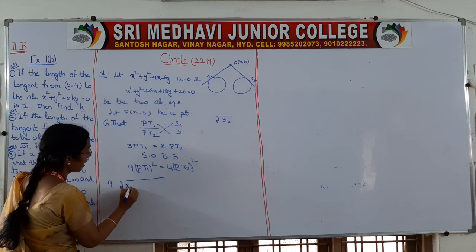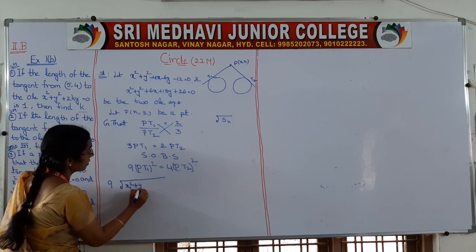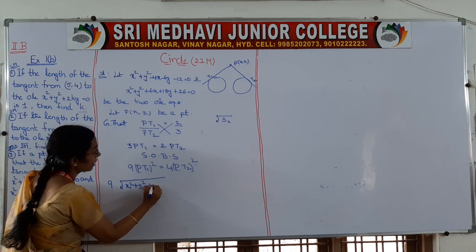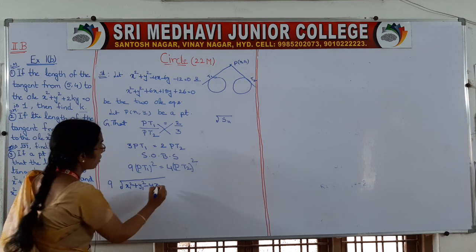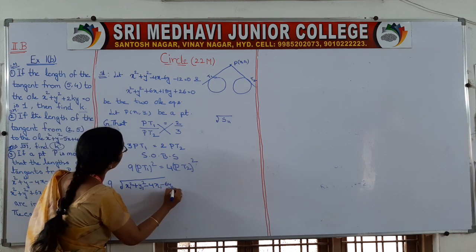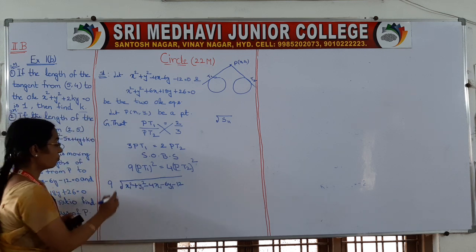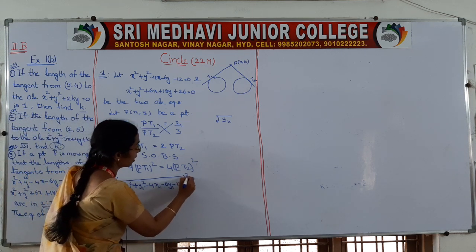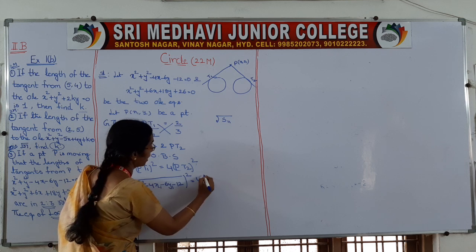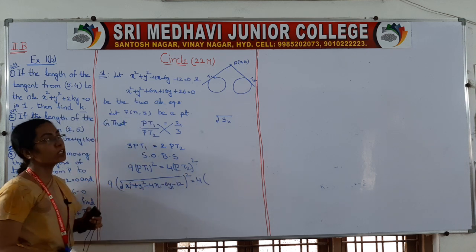What is it? x1 square plus y1 square minus 4x1 minus 6y1 minus 12, for that whole square, is equal to 4 into what is PT2?